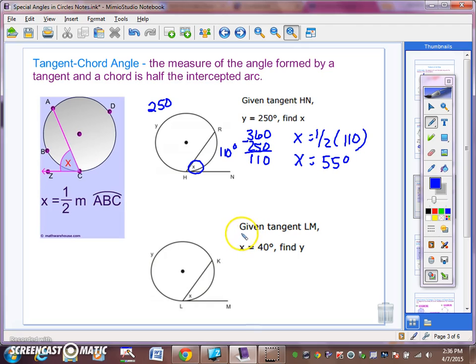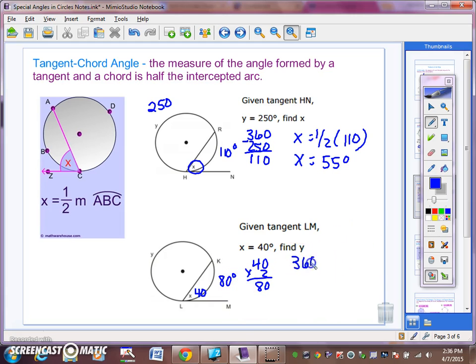Okay, this time we're given the tangent, and I'm given the angle measure is 40 degrees, and I need to find y. Well, the arc is going to be double the angle. So 40 times 2 gives me 80. So my arc from K to L is 80 degrees.